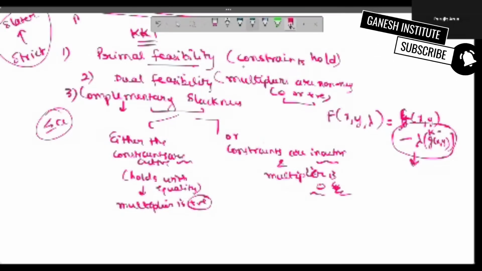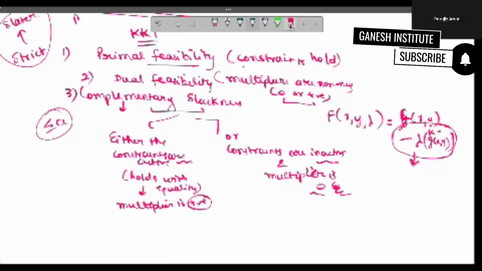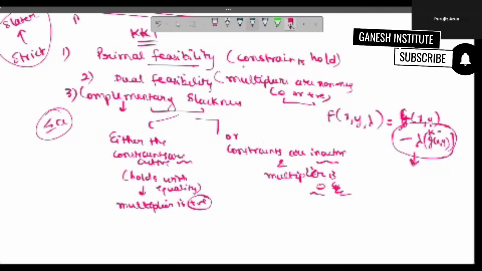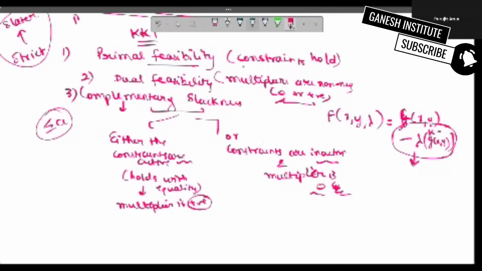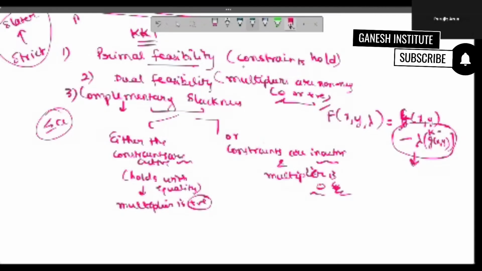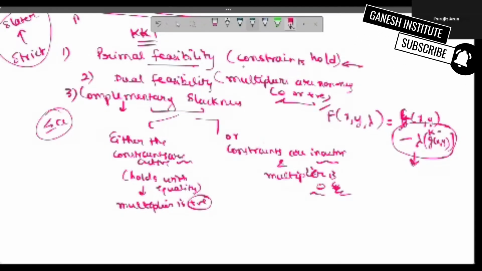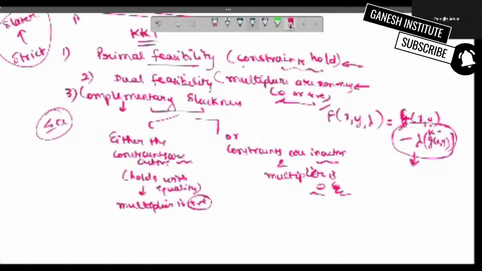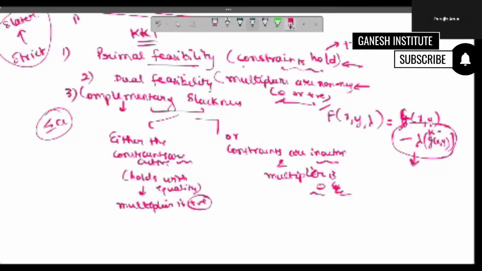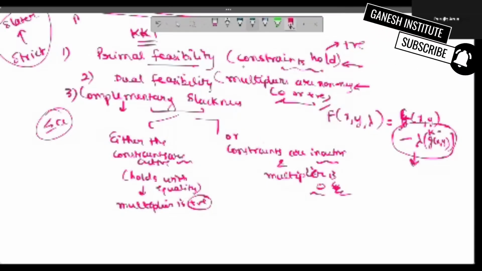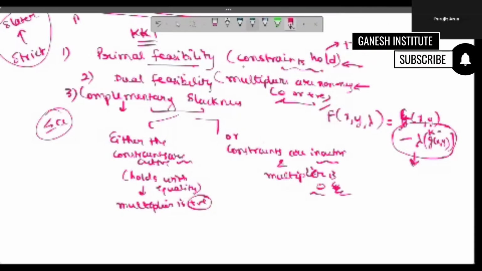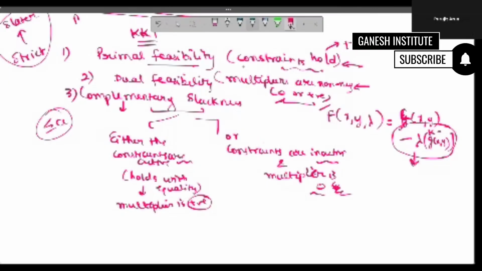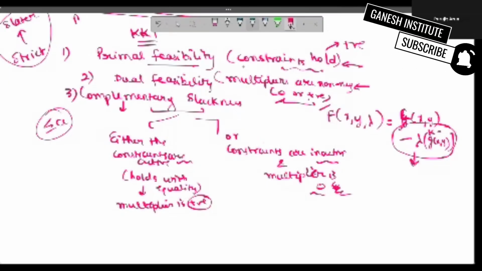Ma'am, if multipliers are positive, then we have dual feasibility, no? Dual feasibility is for both 0 or positive. But these are complementary with each other. Constraints hold means multipliers positive, and the complement of this is when constraints are not held, that means multipliers are 0.